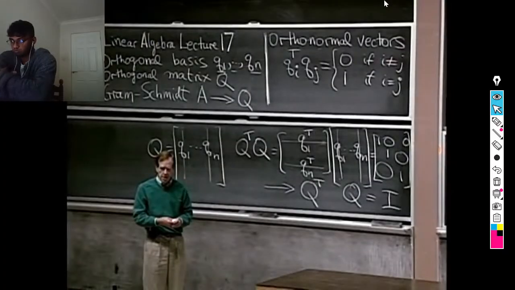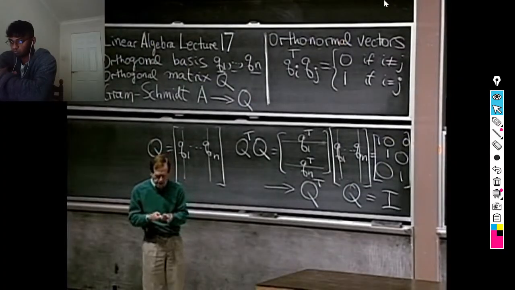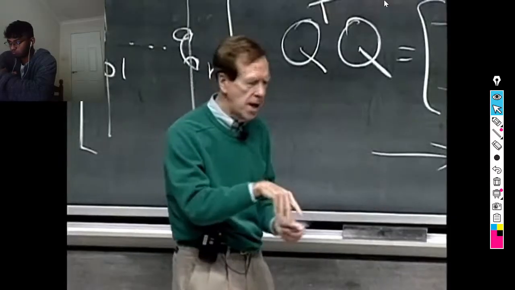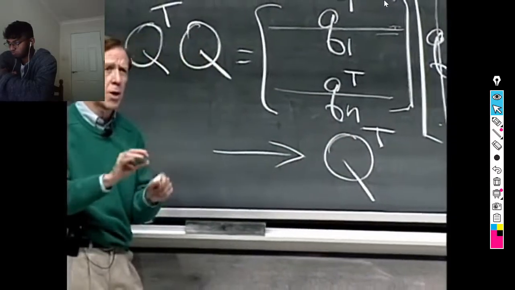That was early chapters. Then we had row echelon forms. Then in this chapter we've already seen projection matrices. And now we're seeing this new class of matrices with orthonormal columns.